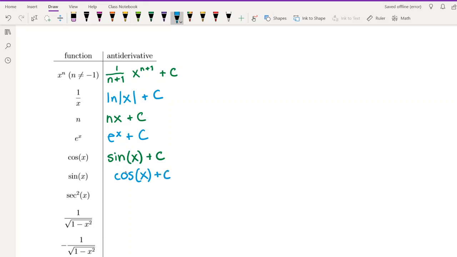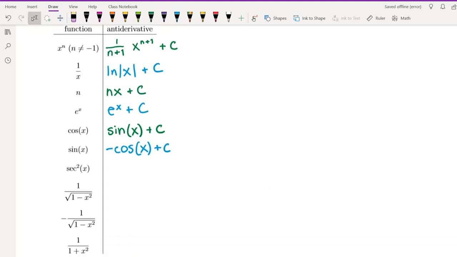But what's the problem with that? Well, if you take the derivative of cosine, you get negative sine, and we want to find the antiderivative of just sine of x on its own without a negative sign. And so what we need to do is introduce a negative sign to the cosine, because now if you take the derivative of negative cosine, you're going to get negative sine of x. And so that will give you just sine of x.